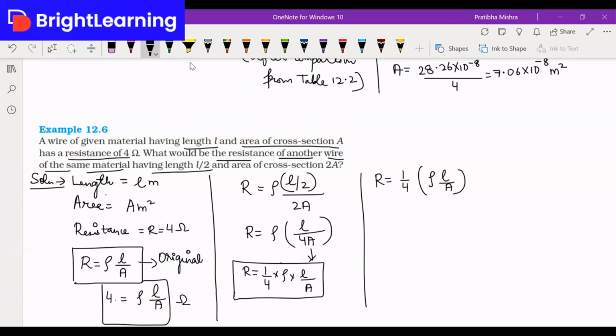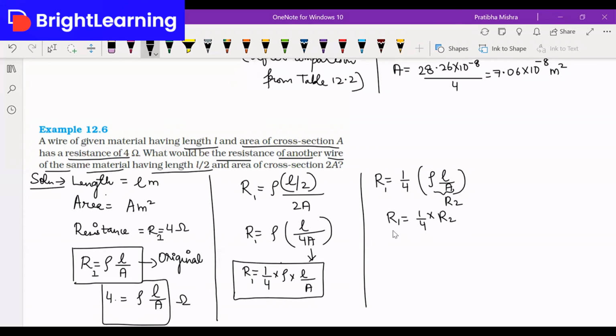Okay, so now if you want to differentiate between the resistance, take the previous resistance as R1, and put the value of R1. So basically, you can say R1 is equal to, and 1/4 of this can be your R2, the new resistance.